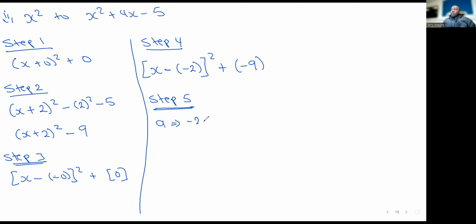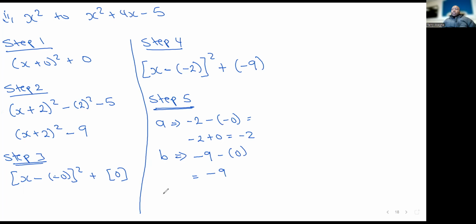Minus 2, minus the value we have here, minus 0, and that will give us minus 2 plus 0, and that is minus 2. To get the b is a value we have here minus the value we have there. So it's going to give us minus 9 minus 0, and that will give us minus 9.